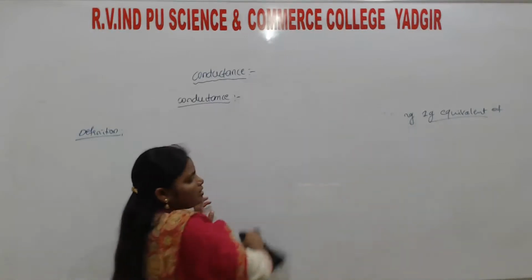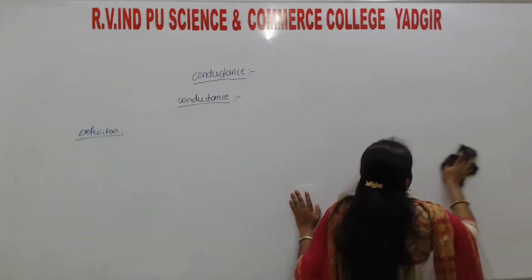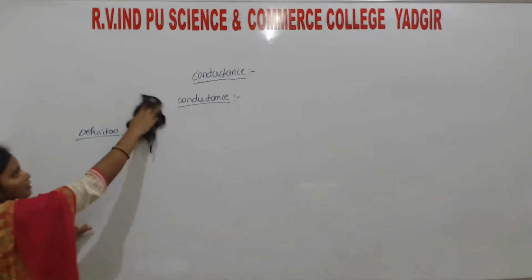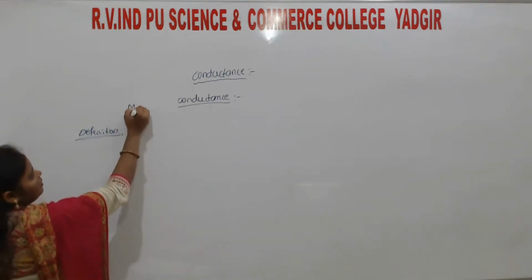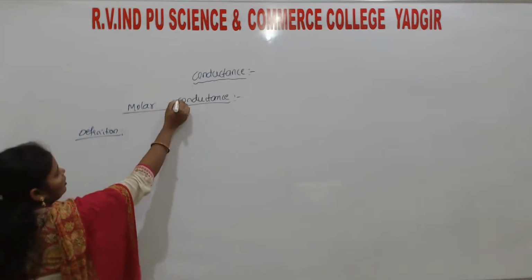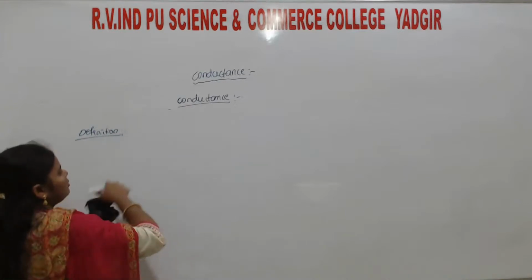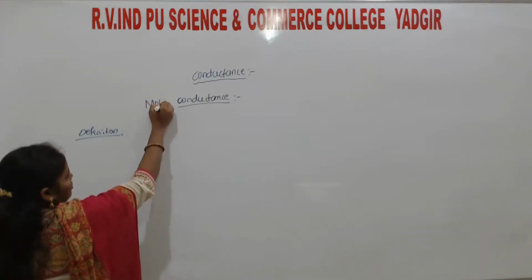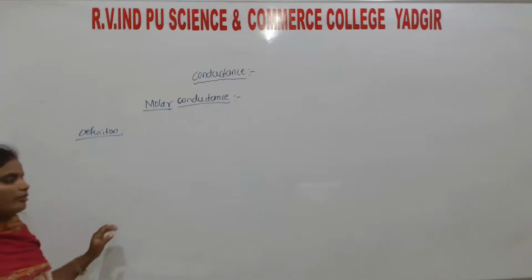You write the symbol, lambda base m or mu. This is the symbol for molar conductance. Here the molar conductance is defined for a very important question.